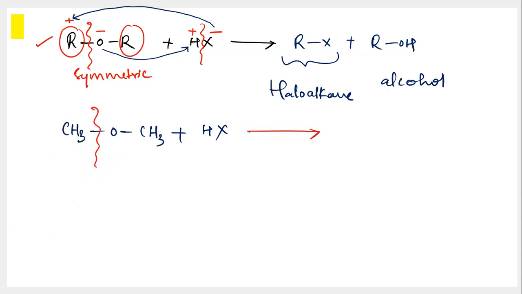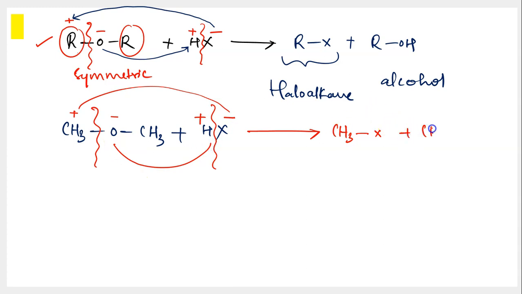The bond between the alkyl group and oxygen breaks down. Similarly, the bond between the hydrogen and halogen breaks down. So you'll have H plus and X minus over here, O minus and CH3 plus produced over here. Opposite charges would unite with each other, leading to formation of CH3X, and similarly you will have CH3OH produced. So you have methyl halide and an alcoholic molecule produced.